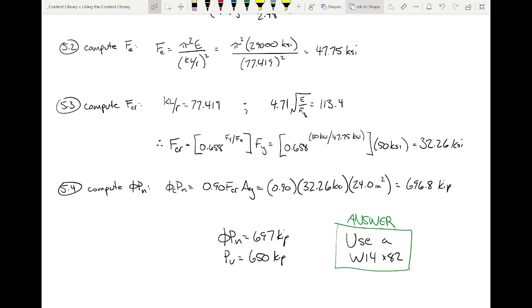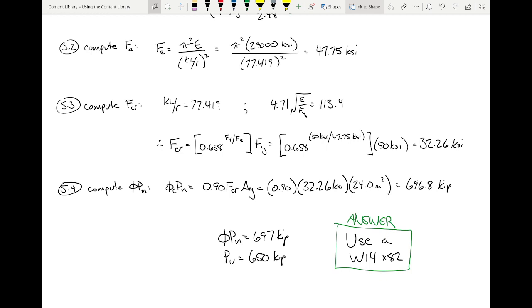The reason why the manual uses the term LC is because it is analogous to a term utilized for beams, which is LB. They're trying to use common notation so that when you see this stuff, you're like, oh, I kind of get what they're talking about. Because LB for beams, conceptually, pretty much means the same thing as LC for columns. It's just how far apart your braces are.